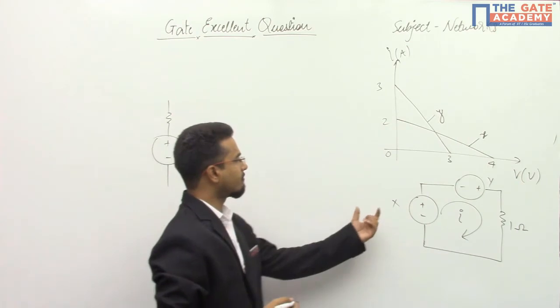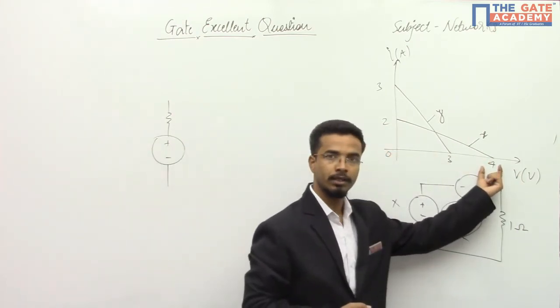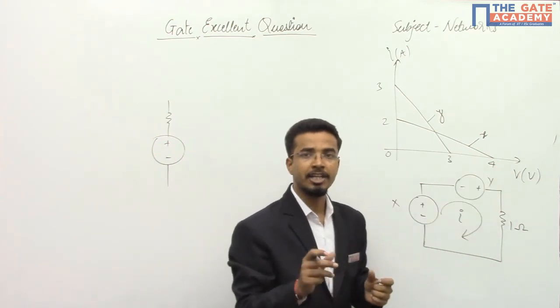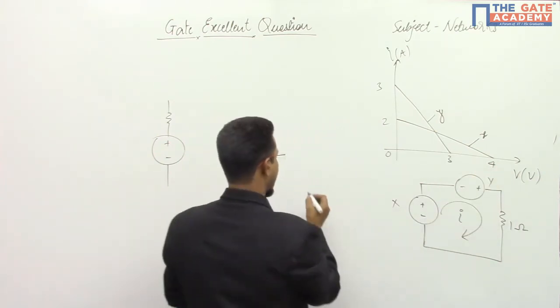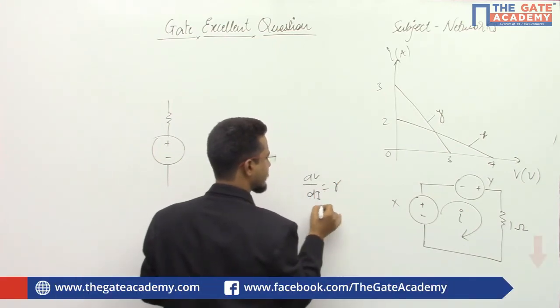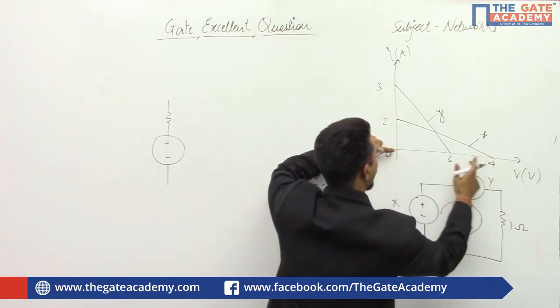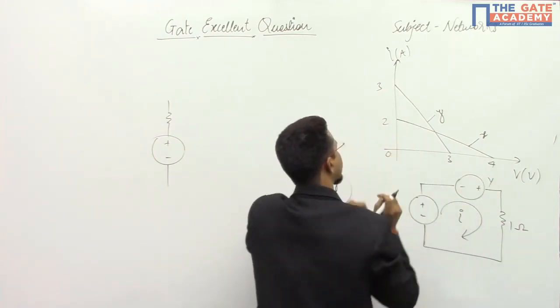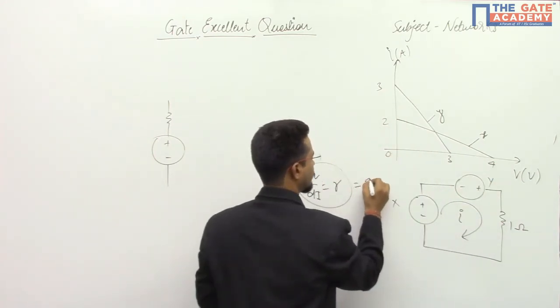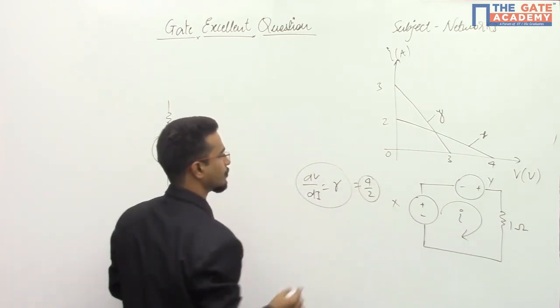So what is the maximum voltage offered by the X source? 4 volt. And what is the variation in the voltage and current? Because I know that dV by dI will tell you the resistance offered by this source. The total variation in voltage is 4 volt and the total variation in current is 2, so the number will become 4 by 2. So 2 ohm is the internal resistance of the source X.